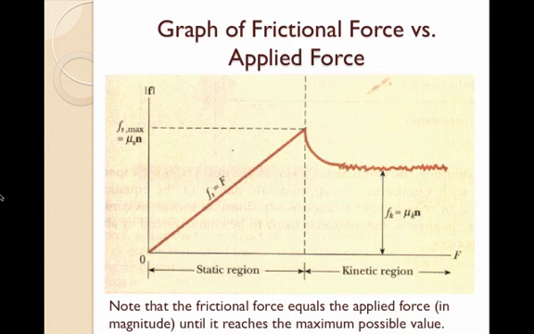And the graph should show you, on the bottom, you see the static region for the first half-ish of the graph, and then you'll see a kinetic region. So these are representations of friction, right? And up here on the left, it shows you, if we're talking about friction in general, static friction increases as your applied force increases, and it's increasing to the point where your applied force is equal to your static friction, and at that point it overcomes the static friction and whatever you're pushing starts to move.